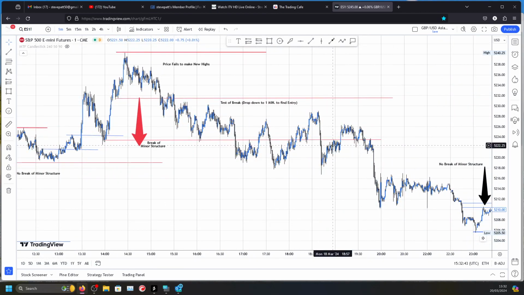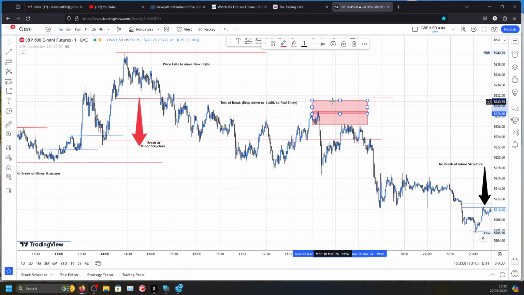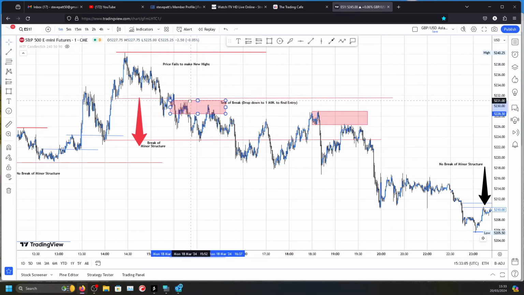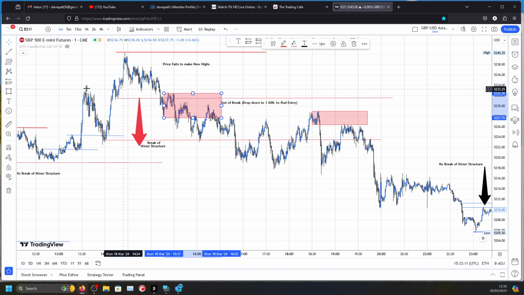This is what I like. See, when I'm looking at price going bearish, falling, I'm looking for these bullish runs in price and looking at price coming through, and then price comes back and tests them.